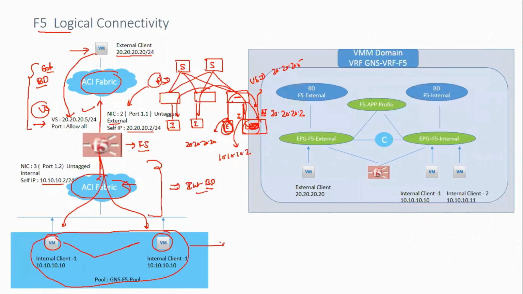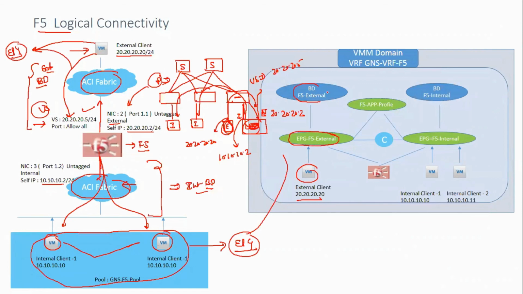There will be an internal EPG and there will be an external EPG for your external host. And when the external host talks to the internal host via the load balancer, there will be a contract between them.